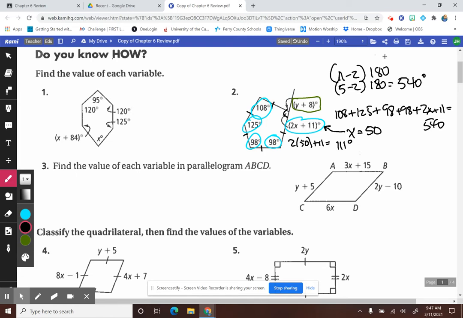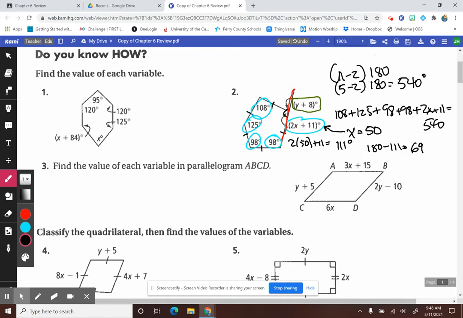Now, what I want you to also think about is I have a straight line right here. So let me get a different color. I've got a straight angle right there, and all straight angles equal 180 degrees. So I'm going to take 180 minus the 111, which is this part, and that gives me what I have left, which is, let's see, 69, correct?